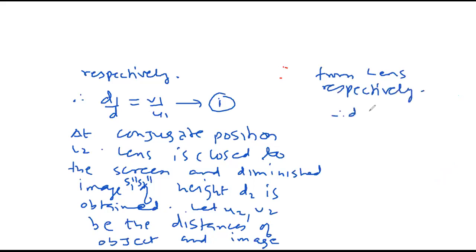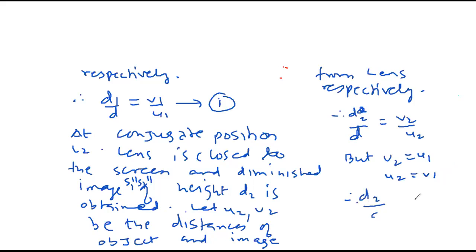Therefore, D2 upon d equals V2 upon U2. But V2 equals U1, U2 equals V1. Therefore, D2 upon d equals U1 upon V1, equation 2.